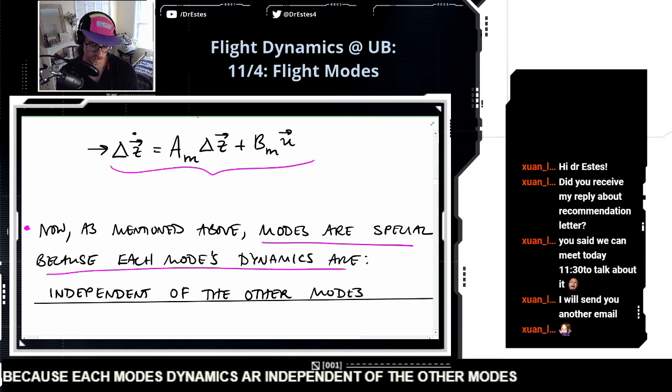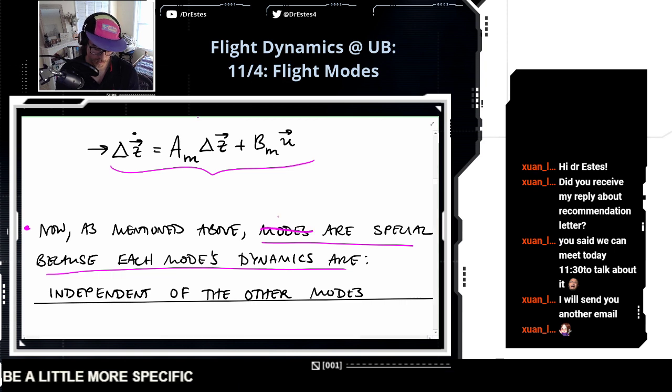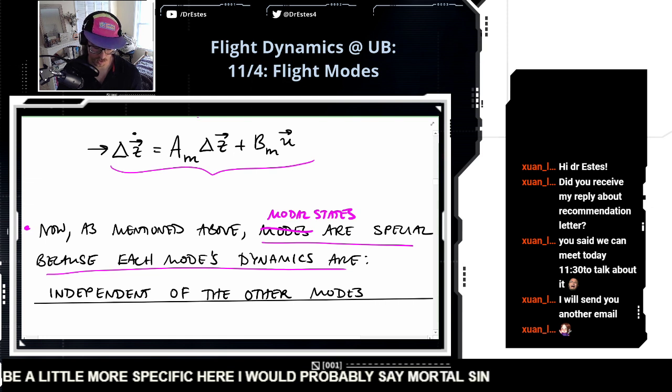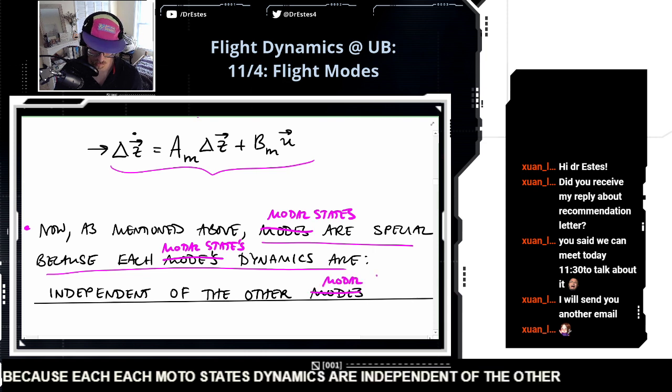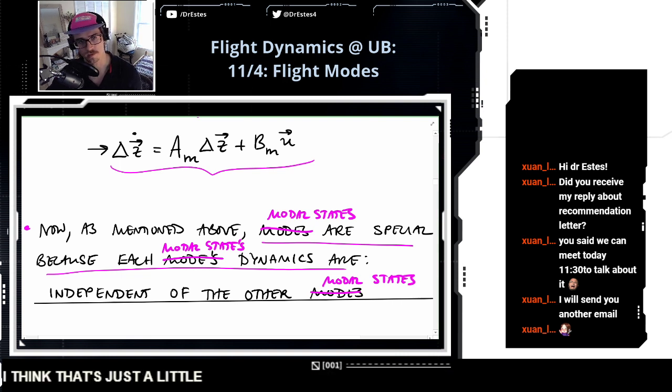And, to be a little more specific here, I would probably say modal states are special because each modal state's dynamics are independent of the other modal states. I think that's just a little more specific.